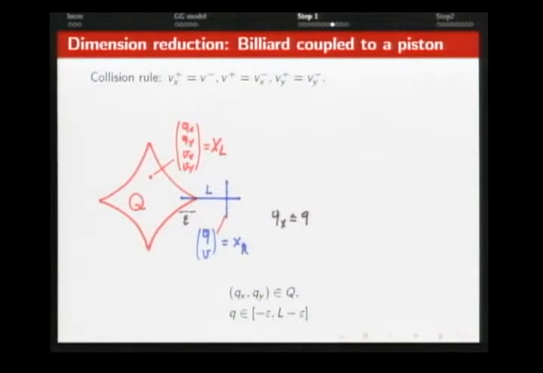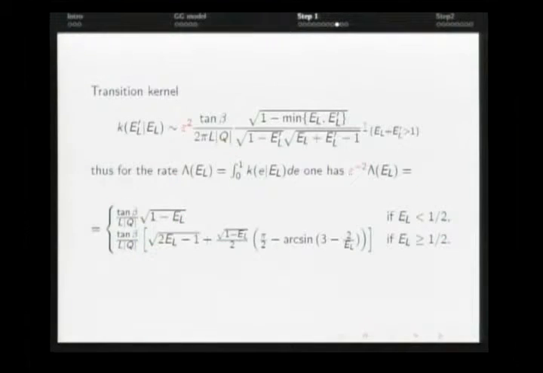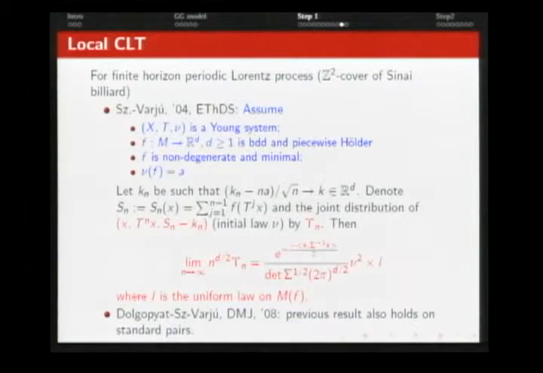So you can imagine that if this stick enters the billiard table, then it can collide with the point particle. And if this distance is small, then it's a rare interaction. So this is the model. This corresponds to the rare interaction limit, but it's not 2-dimensional, it's 3-dimensional. And we could calculate this transition kernel and transition rate.